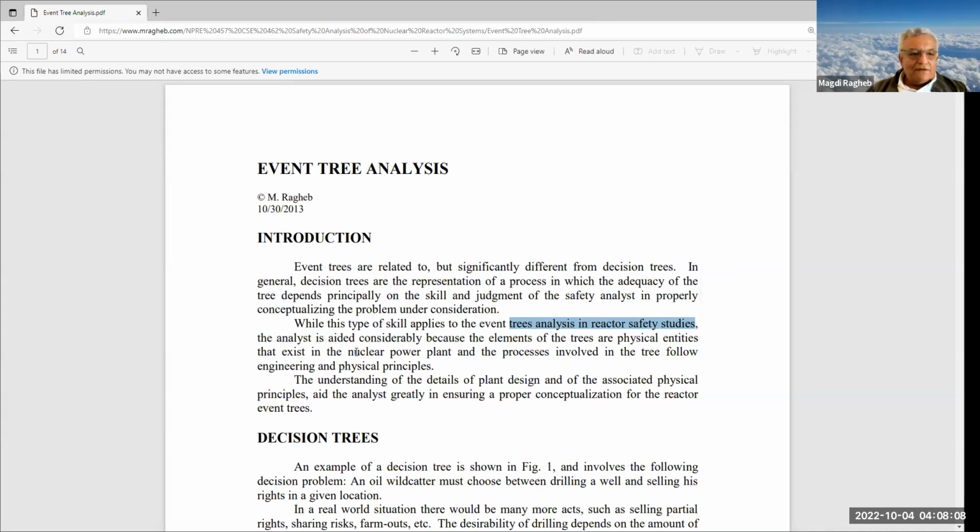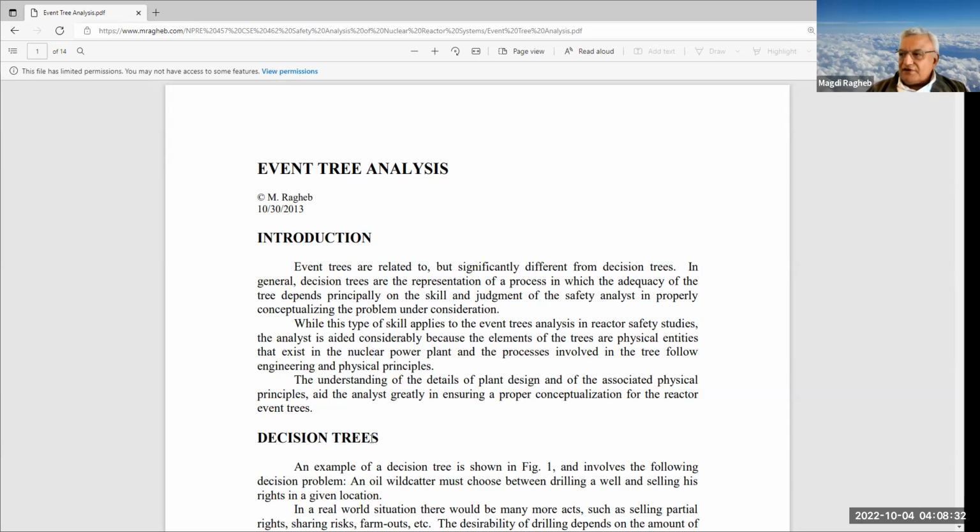You'll find the safety analyst, in that case, is considerably aided by the physical entities that exist in the nuclear power plant, and as we'll show, maybe in drilling for oil. That's a tree that I'm going to consider as an example of a decision tree.